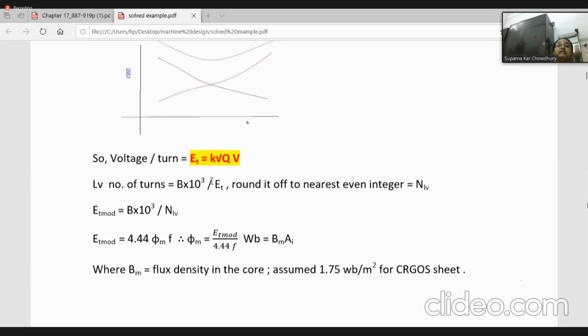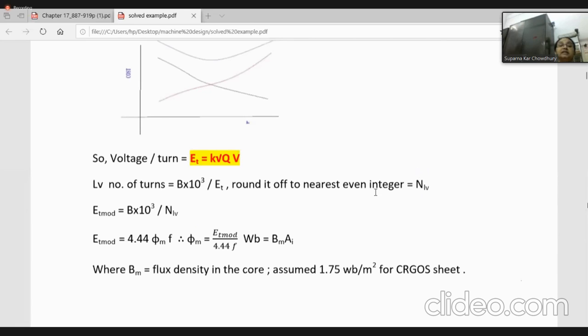Even if it is a 3, we should go for 4, or we can go for 2 also, because it is a design process. Whether you go for the higher or lower value depends on the designer and the experience of the designer. So we opt for the nearest even integer.